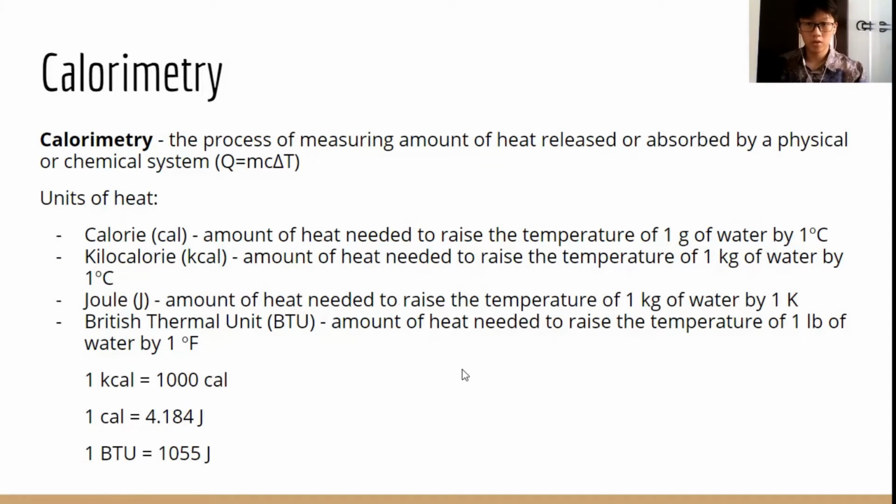So you have to remember this: how much is being raised, and what temperature is being raised. Here are some conversions. 1 kilocalorie is the same as 1000 calories. 1 calorie is the same as 4.184 joules, and 1 British thermal unit is the same as 1055 joules.